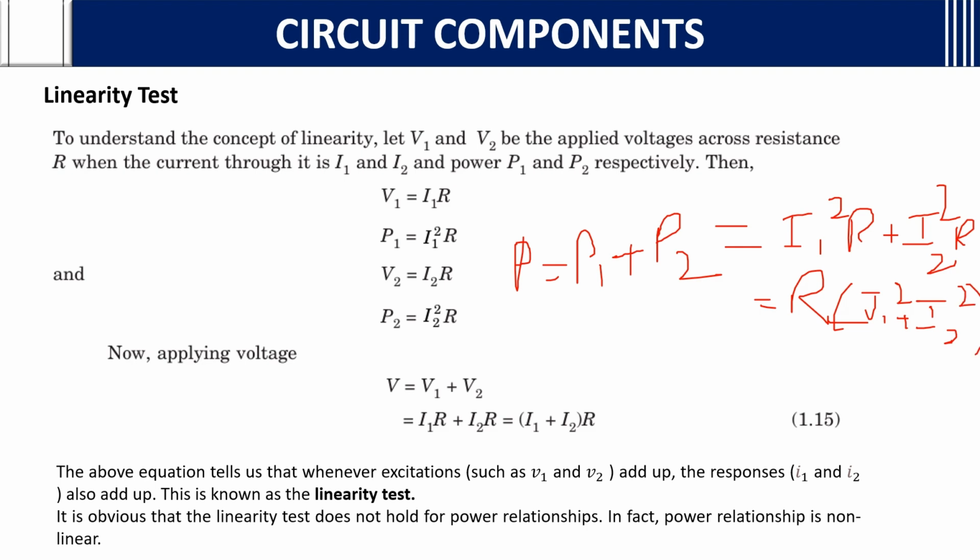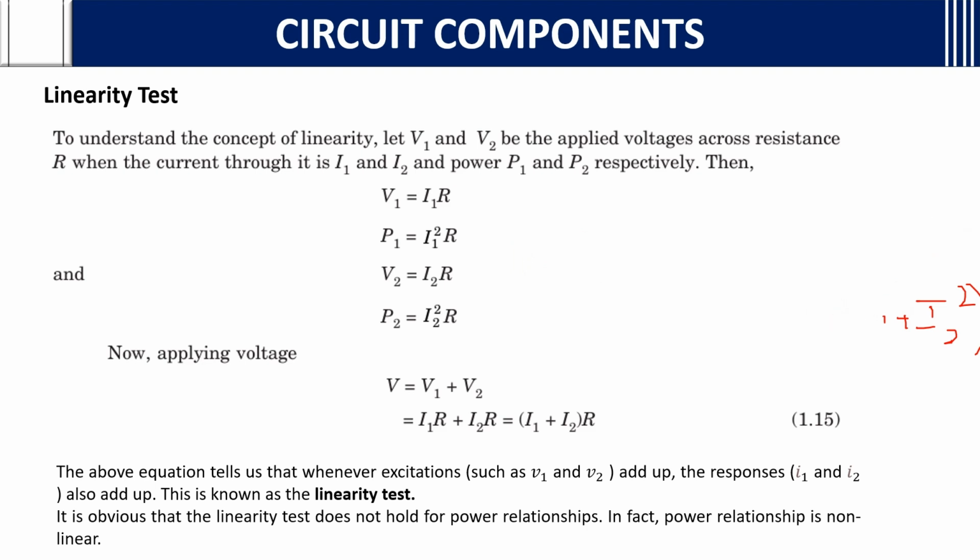Here the current is getting squared, so linearity does not hold good, but for voltage the linearity holds good. Remember that power is non-linear, but voltage is linear. It passes the linearity test.